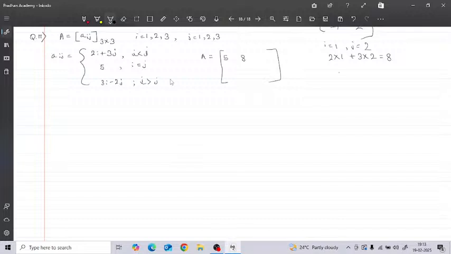Similarly, for the next, i is 1 and j is 3, so my value will be 2 into 1 plus 3 into 3, that is 11.